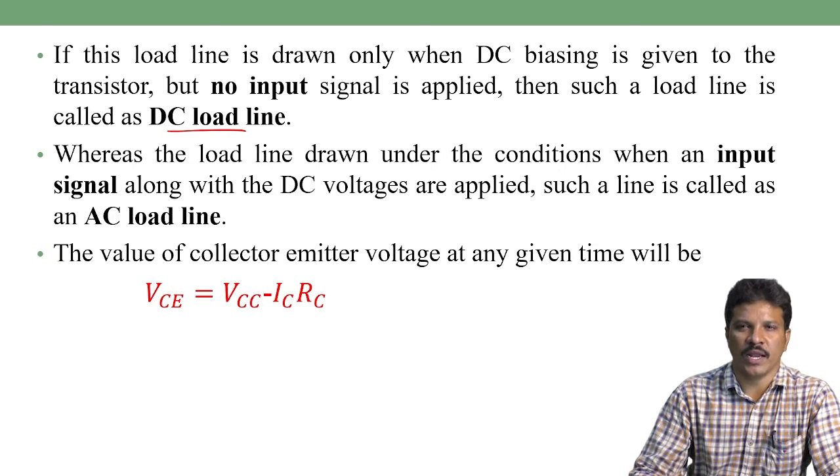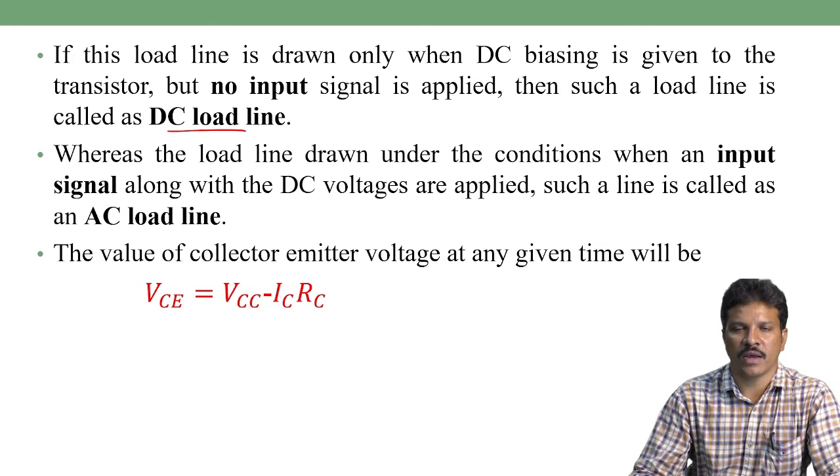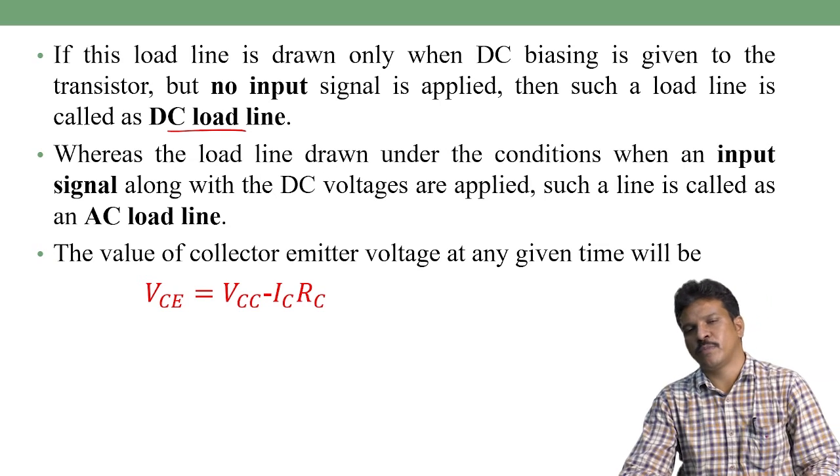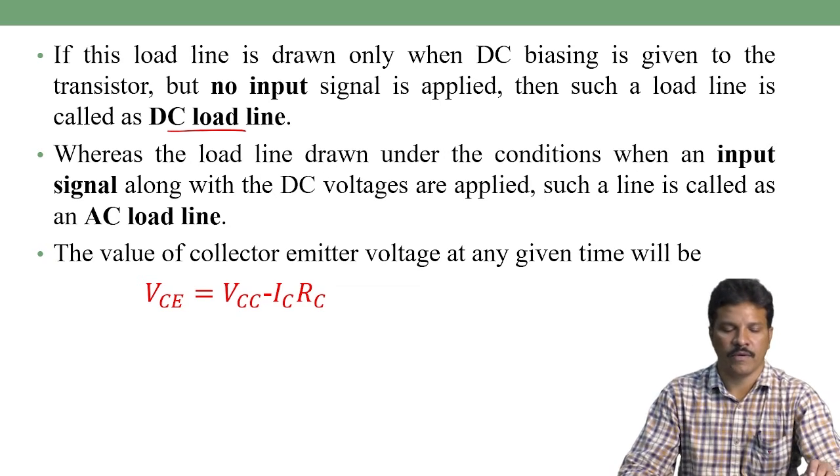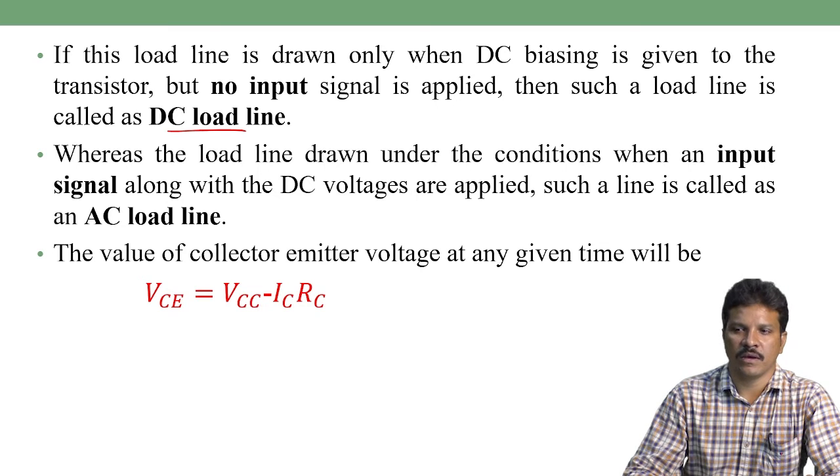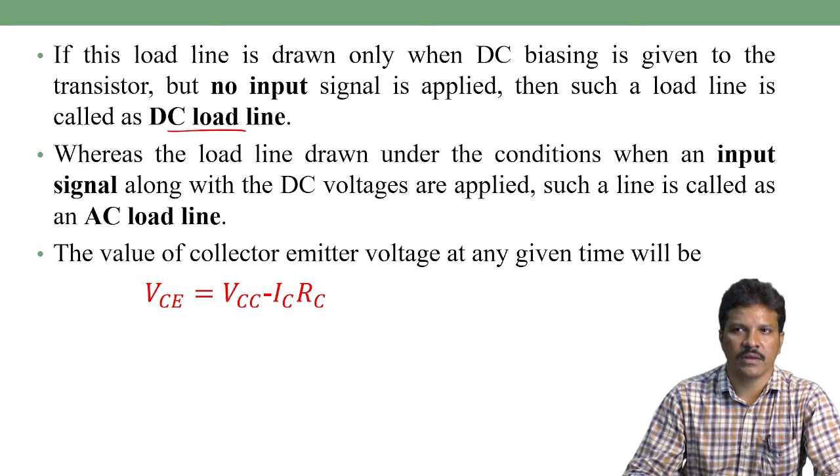It is drawn in the absence of an AC input signal to the amplifier circuit. Whereas the load line drawn when an input signal is applied along with the DC voltages is called the AC load line.